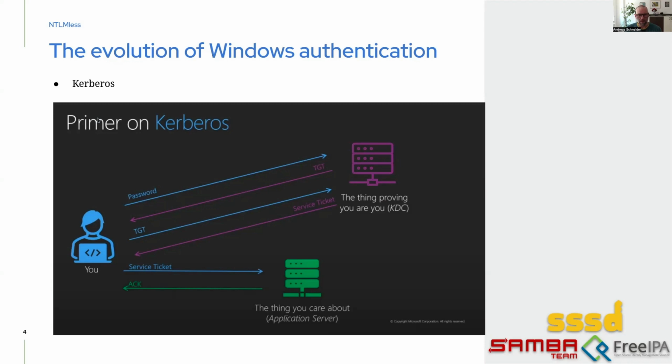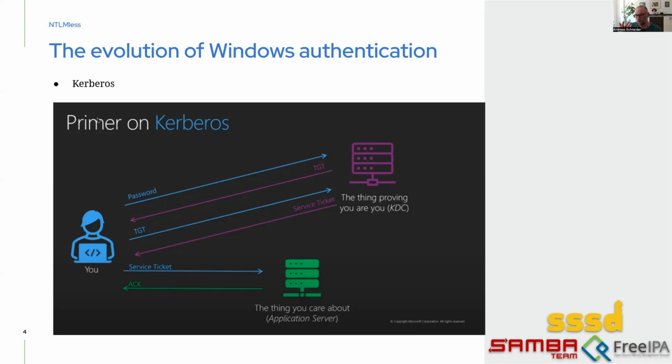So Microsoft had a presentation about the evolution of Windows authentication. The idea is to give a quick overview, if you haven't watched it already, so that we know what we are talking about, and also to bring it back if you forgot something. Normal Kerberos works so that you have a connection to the KDC, the Key Distribution Center.